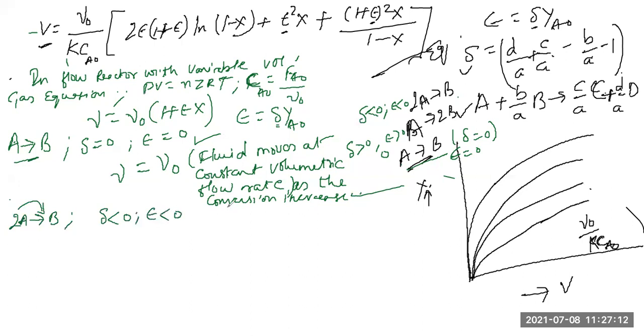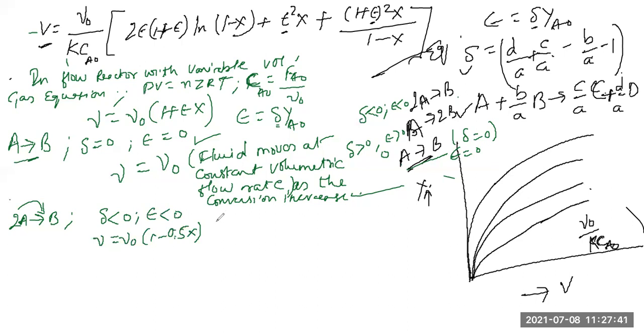Epsilon will also be less than 0. Then this relation will become mu is equal to mu 0 (1 minus 0.5x), right?